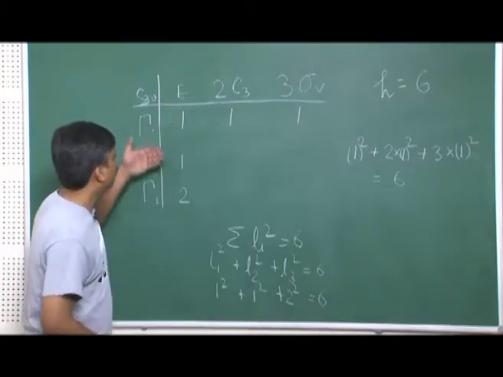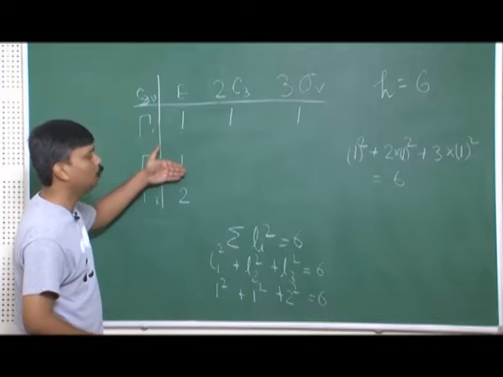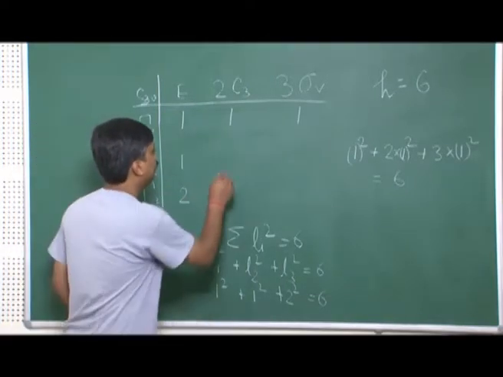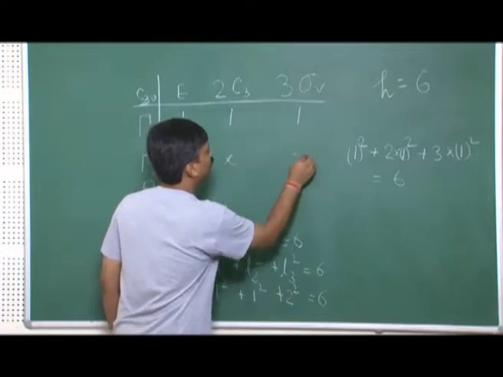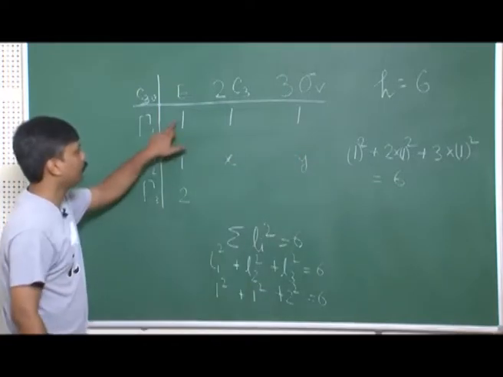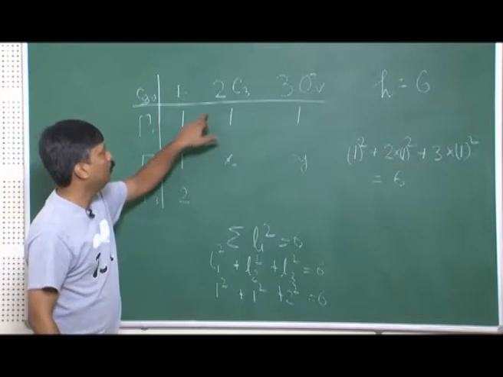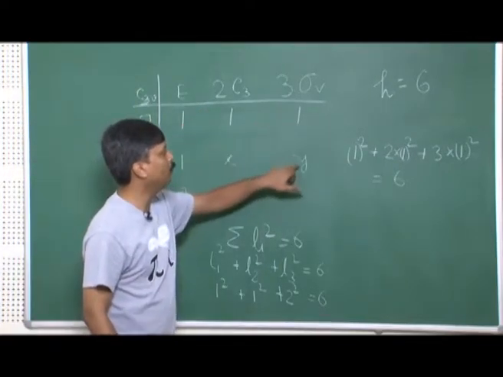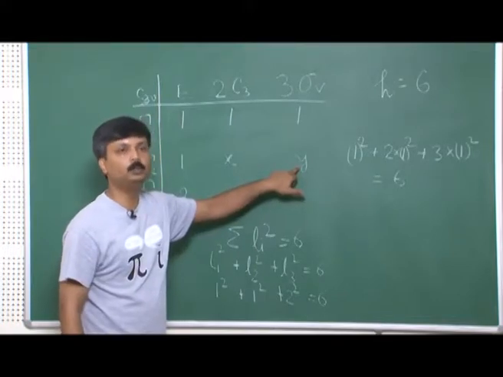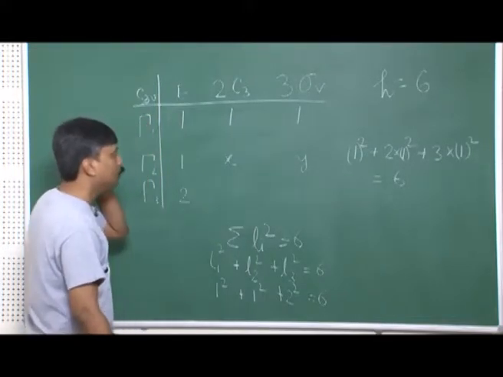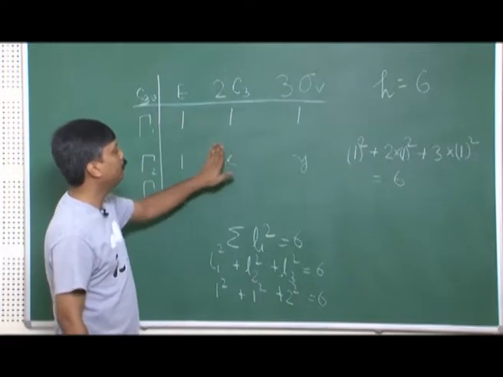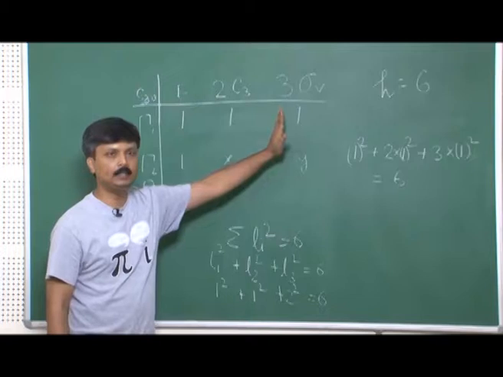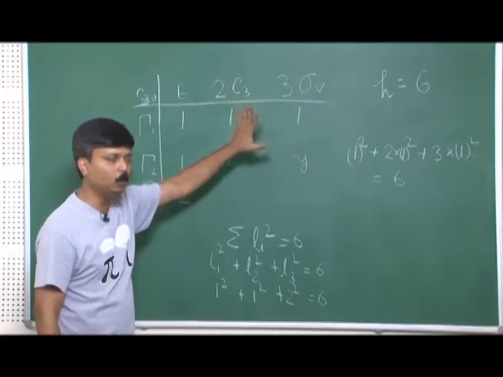So gamma 1 and gamma 2 should be orthogonal, meaning if say this character is x and this character is y, then 1 into 1, 2 into 1 into x plus 3 into 1 into y should be equal to 0. So therefore I can very easily find the values of x and y, because there are a total of 6 elements in this group, correct.